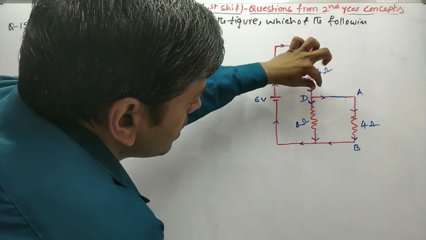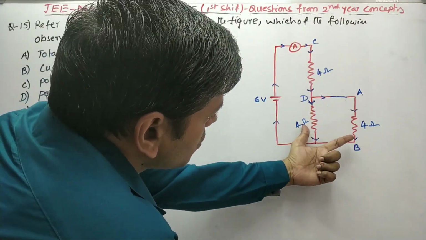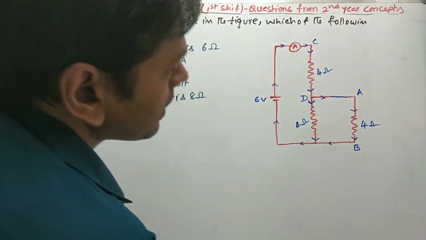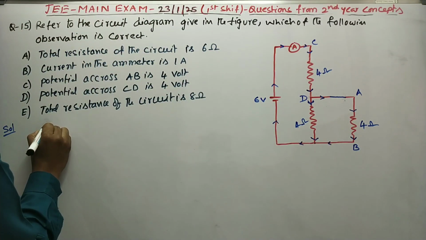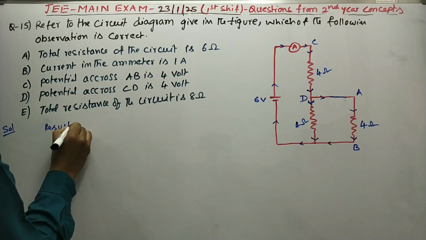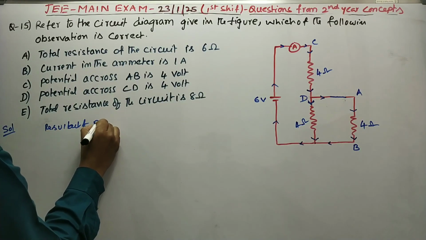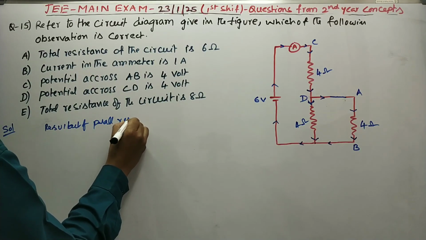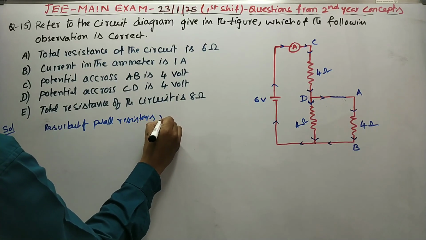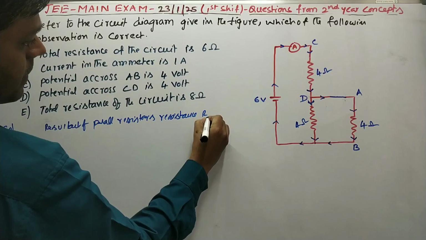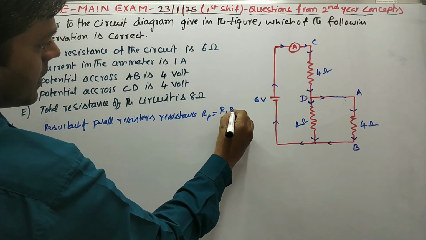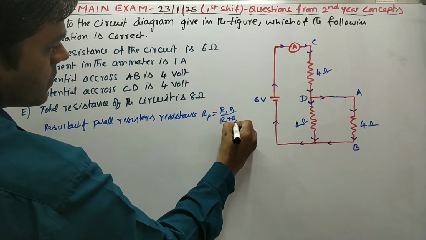Now from this diagram, these two 4 ohm resistors are in parallel. What is the resultant of the parallel resistance? Rp is equal to R1 R2 by R1 plus R2.